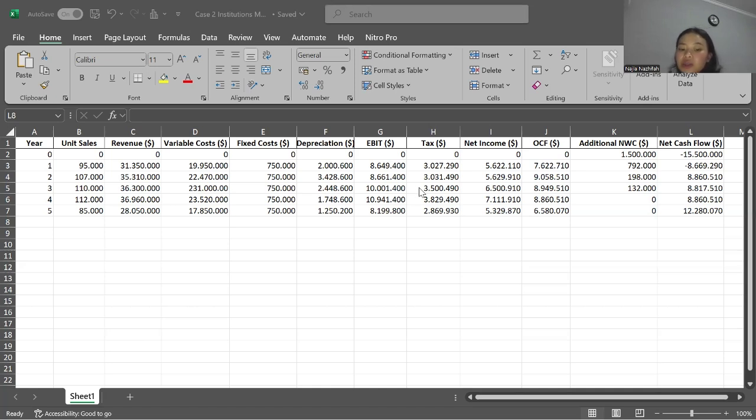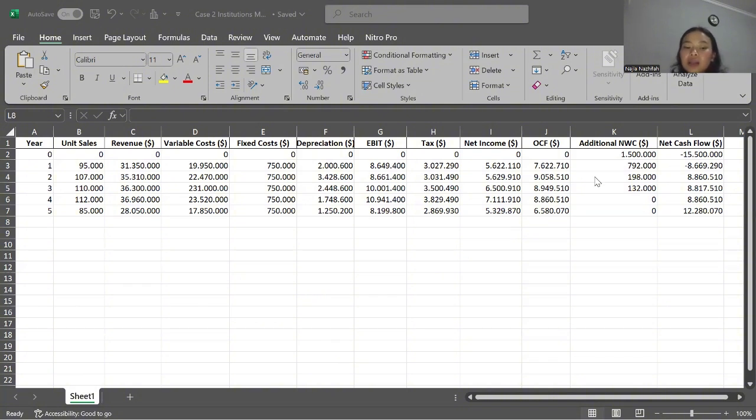And tax is 35%. We got $3,500,490. Net income $6,500,910. And operating cash flow is net income plus depreciation. We got 8,949,510.